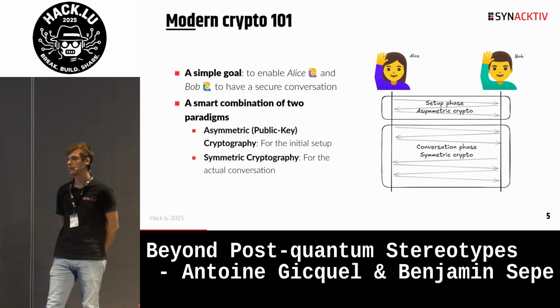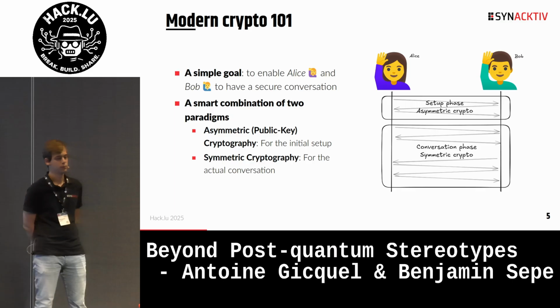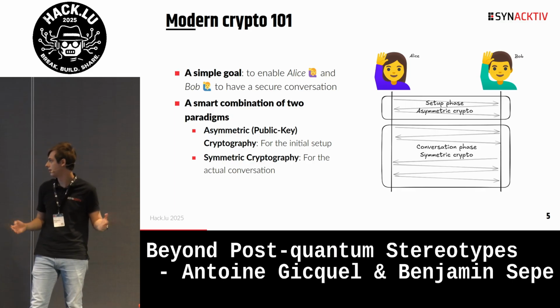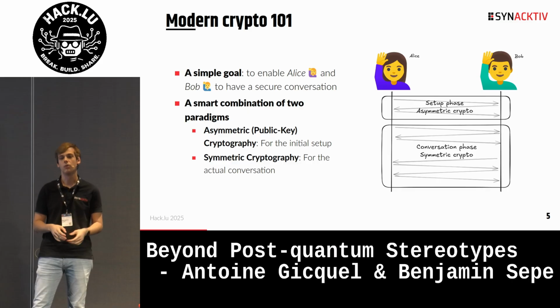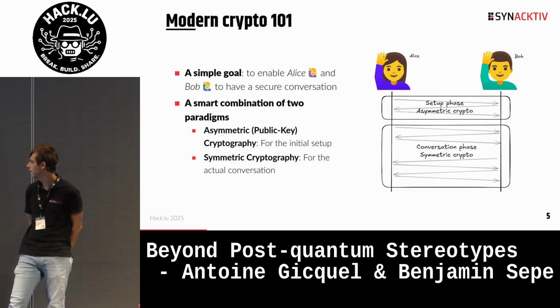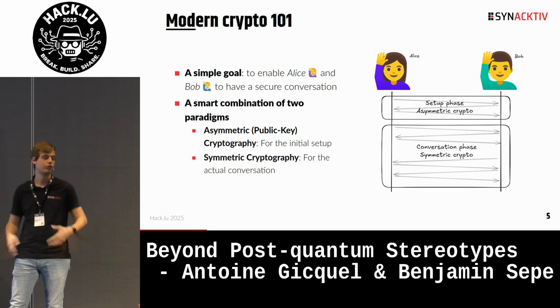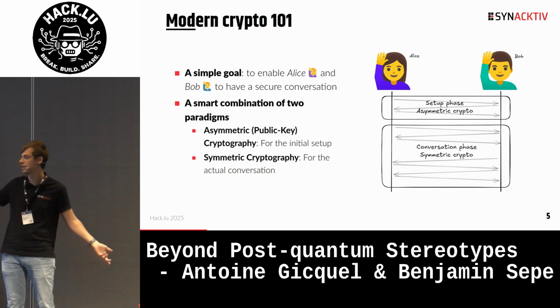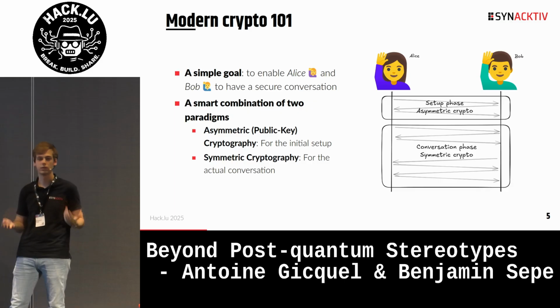So first, a quick refresher on classical cryptography. This may be known to some, but it's better to exactly define what security means in that context to then transition to post-quantum. So the general goal in this context is that two parties, here Alice and Bob, want to have a secure conversation.